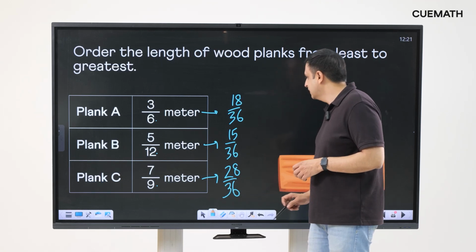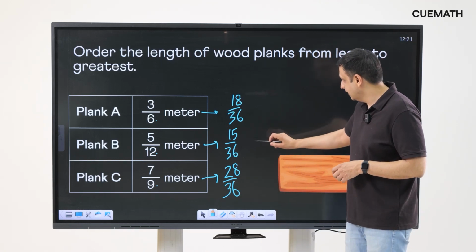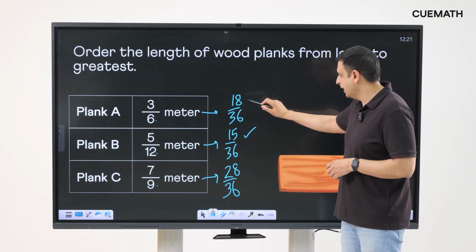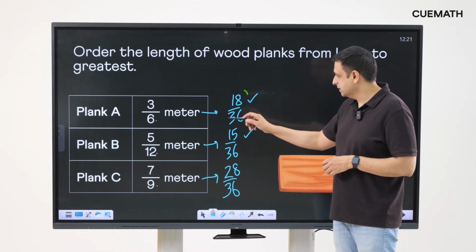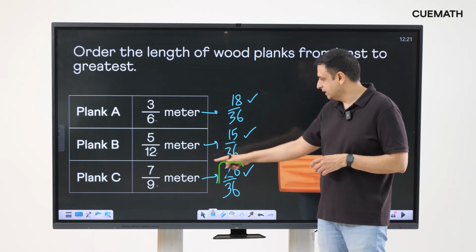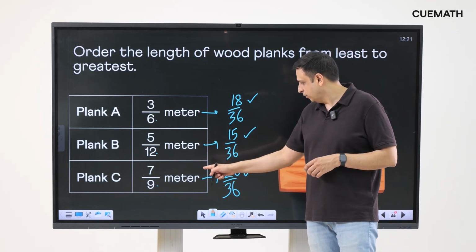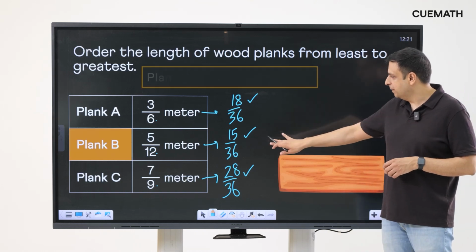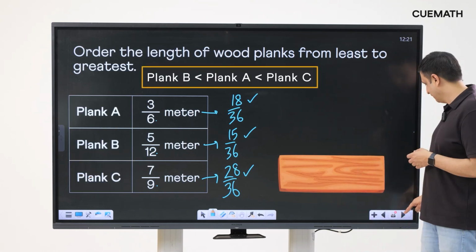Okay, so which one is the least? This one is the least, that's plank B. Then the next one would be plank A, 18 over 36 or 3 over 6. And then the biggest one will be plank C, which is 28 over 36 or 7 over 9 meters. So our order will be B, A and C.